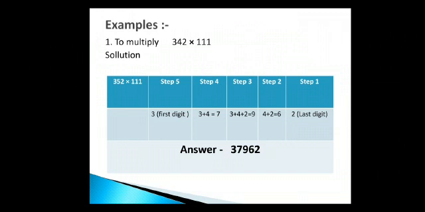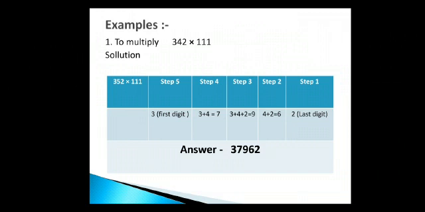Examples. Now we have to multiply 342 into 111. The solution is, step first, we will write 2 as the last digit. Step 2, we will add 4 plus 2, that is 6, the last 2 digits.